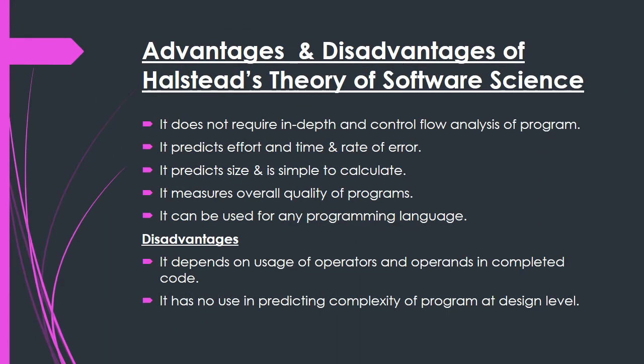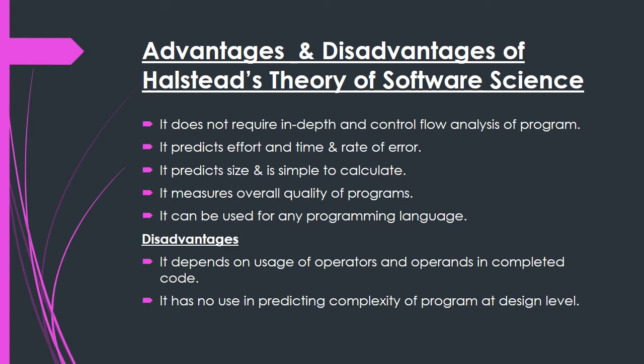Now this Halstead theory of software science has certain pros and cons. First we will discuss the advantages. It does not require in-depth control flow analysis of the program. That means we are not analyzing any flow graph or any DFD.